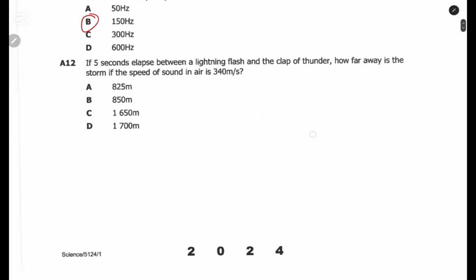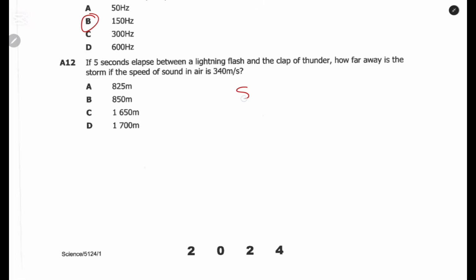Question 12, if 5 seconds elapse between a lightning flash and the clap of the thunder, how far away is the storm if the speed of sound in air is 340 meters per second? Here we are looking at distance.